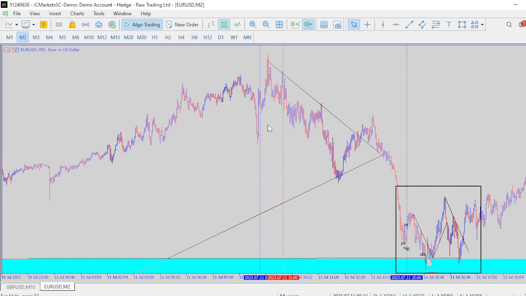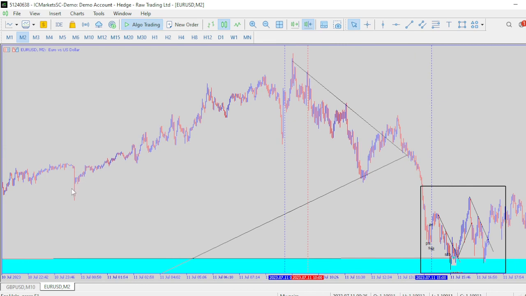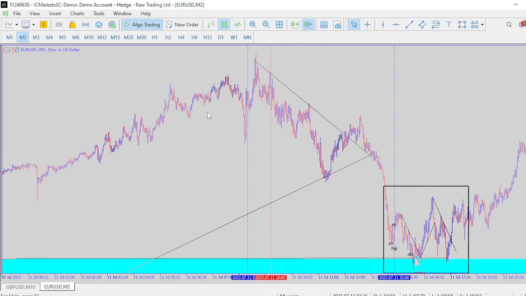First things first, this minor structure to the upside. After the break of the structure, people are selling at this point.